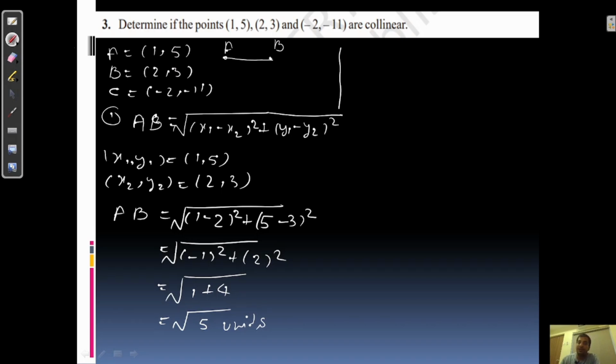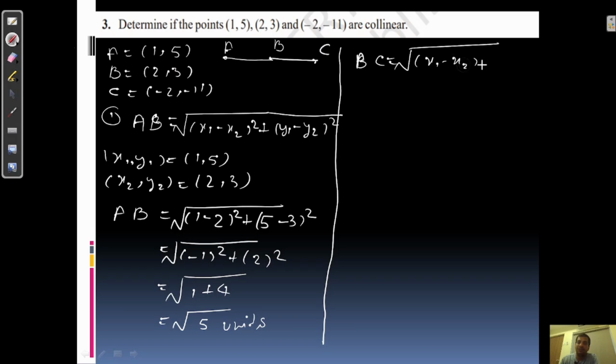Okay. Now let us do one thing. From here we will find the distance between B and C. Just imagine there is a point C. Now we are going to find the distance between B and C. The same distance formula will be applied, which is x1 minus x2 whole square plus y1 minus y2 whole square, in square root.